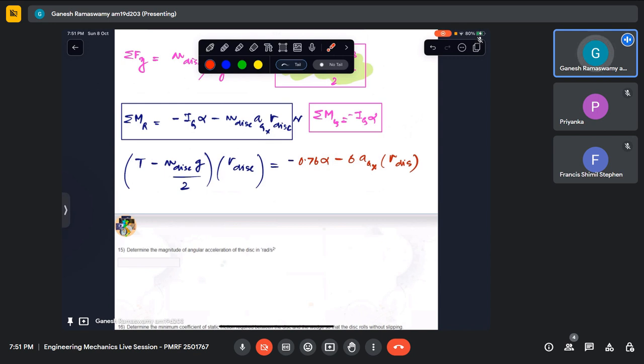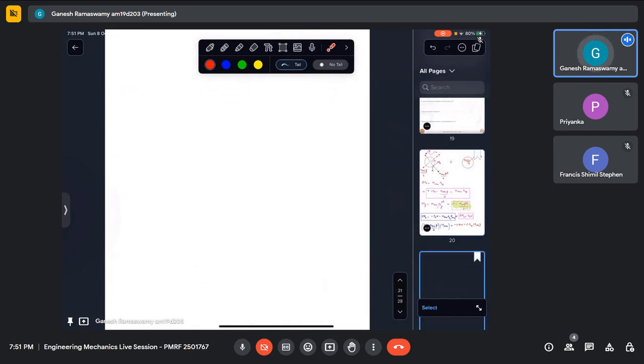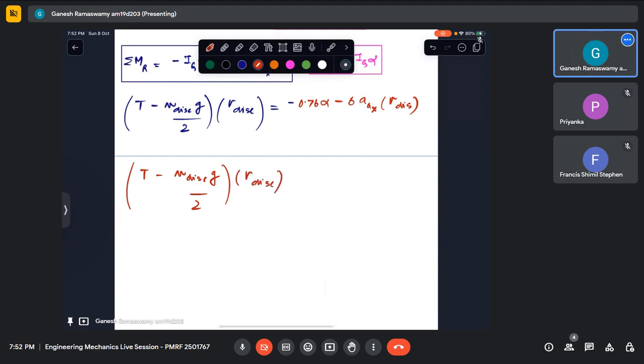So alpha r is nothing but our AgX, in which case I can rewrite this as T minus m disk g by 2 into R disk is equal to minus 0.76 alpha minus 6 alpha R disk squared.